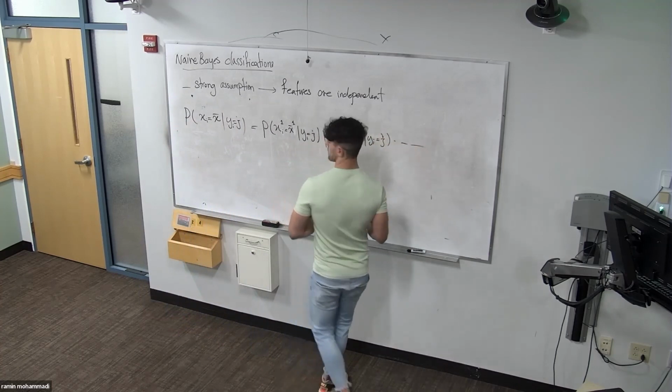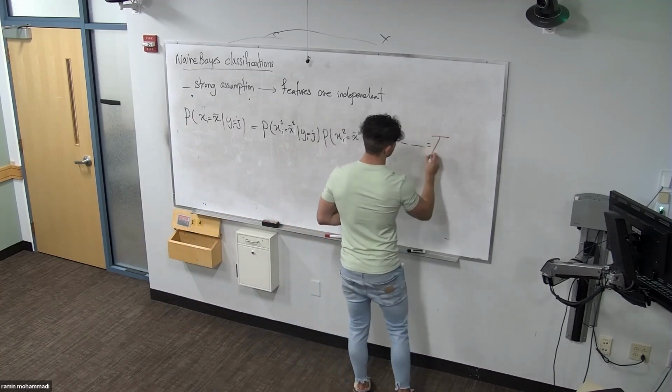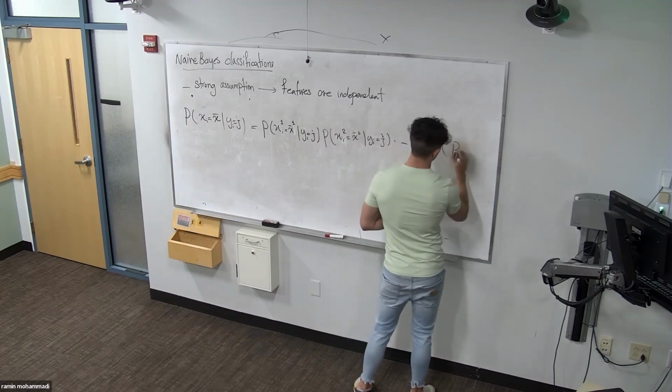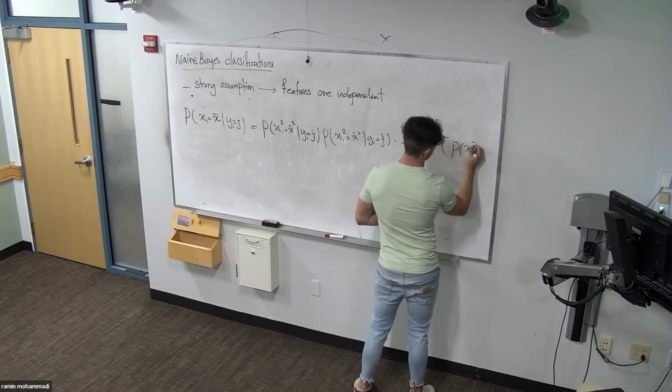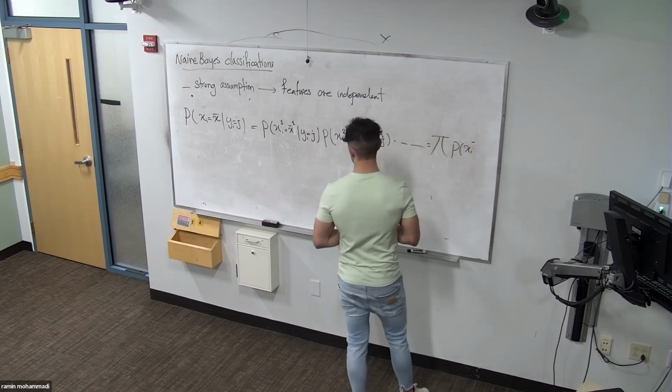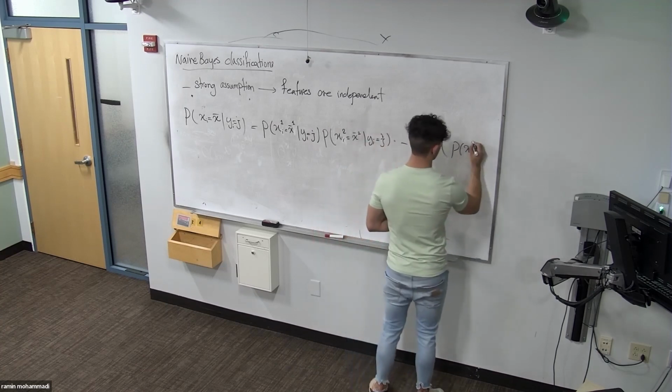Nice, right? Which is the multiplication of the probability of x_i for each dimension.